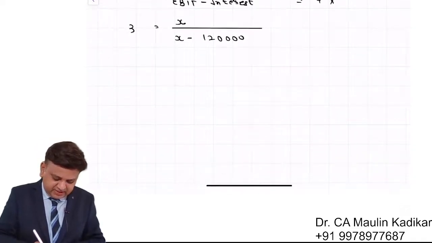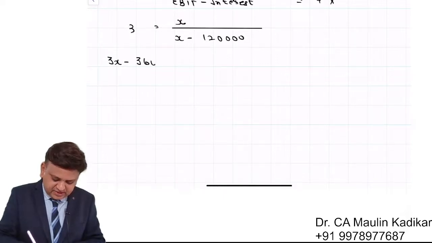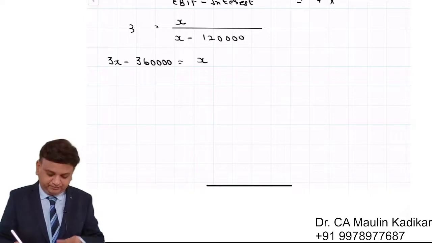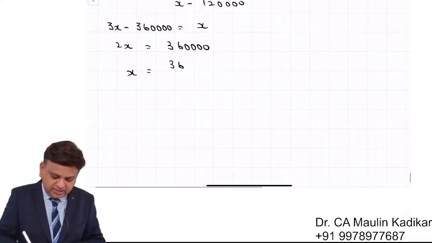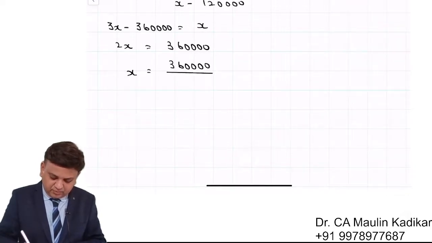So it is 3x minus 3,60,000 is equal to x. So 2x is equal to 3,60,000. So x is equal to 3,60,000 divided by 2.